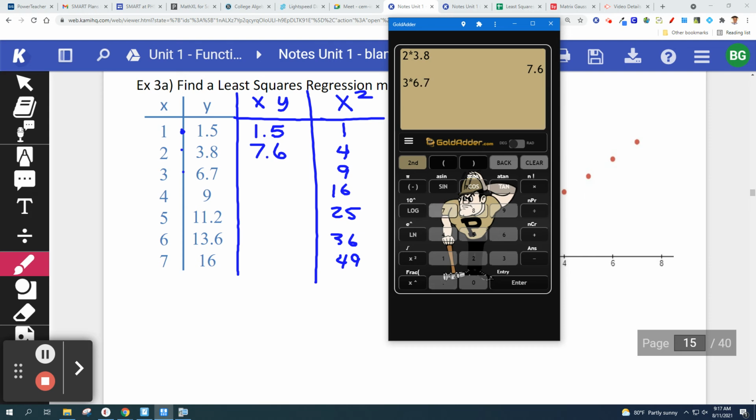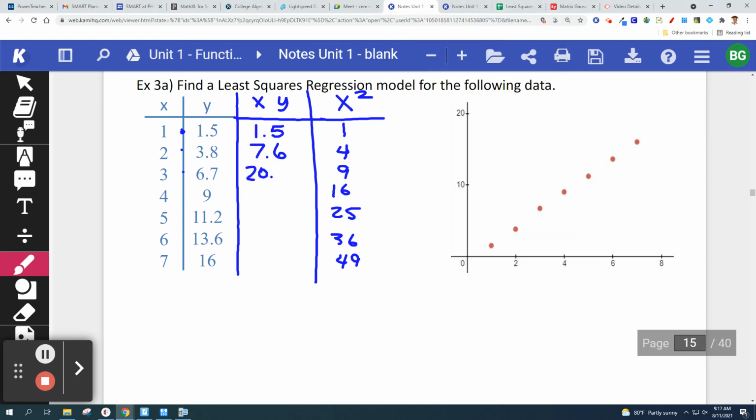You can probably go faster than me on this. 4 times 9 is 36. 5 times 11.2 is 56. 6 times 13.6 is 81.6. Do you guys understand what I'm doing? I'm trying to go a little bit faster. And 7 times 16 is 112.